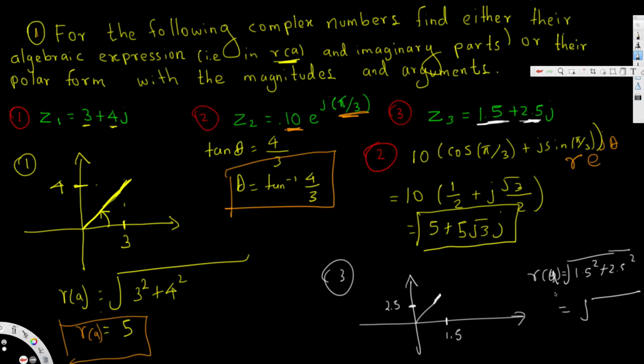It comes out to be, let me ask Siri. Hey Siri, 1.5 squared plus 2.5 squared. The answer is 8.5. Okay, this is 8.5. Square root of 8.5.